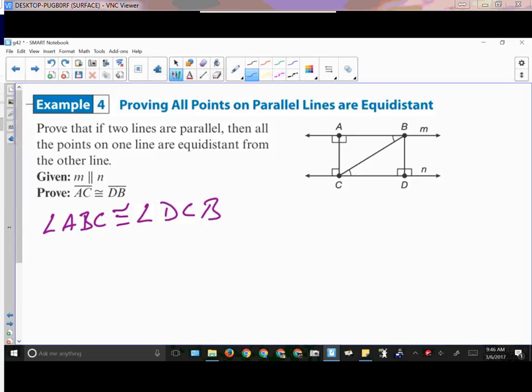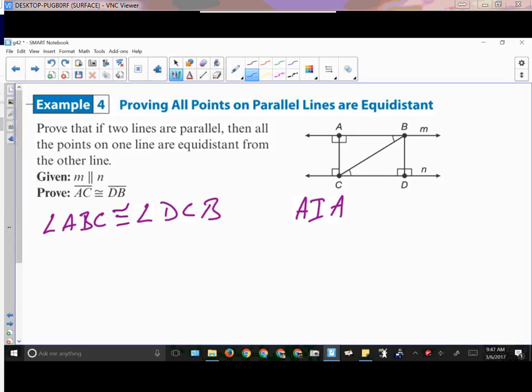Corresponding angles means they're in the same place. Not quite. Yes, sir. Alternate interior angles. Both angles are on the inside of the parallel line. They're on opposite sides. So by AIA, we know that these are going to be congruent.